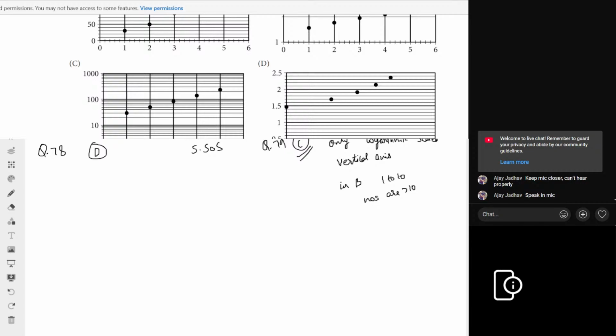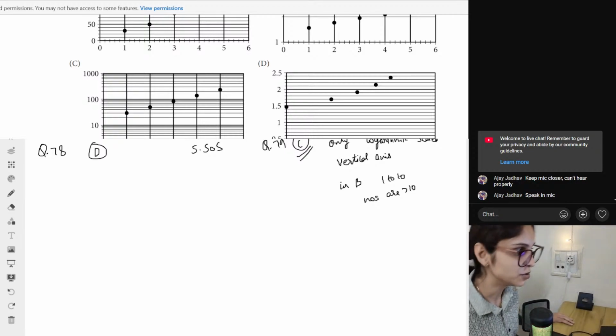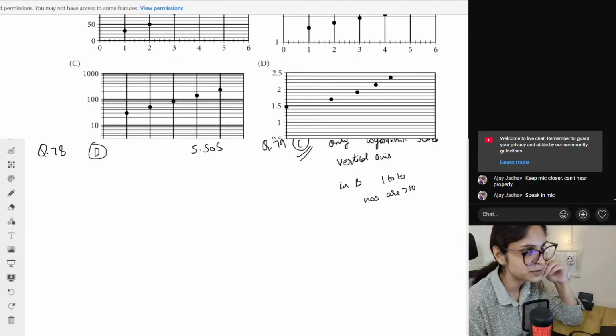So nowadays, instead of directly using my webcam, I connect it to my mobile phone because it is better. But now I don't know what the problem is. I'm just checking it. Yeah, it is now connected. Sorry about that.